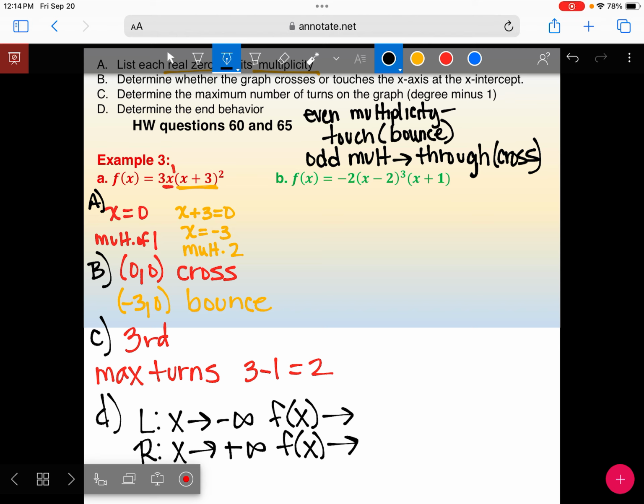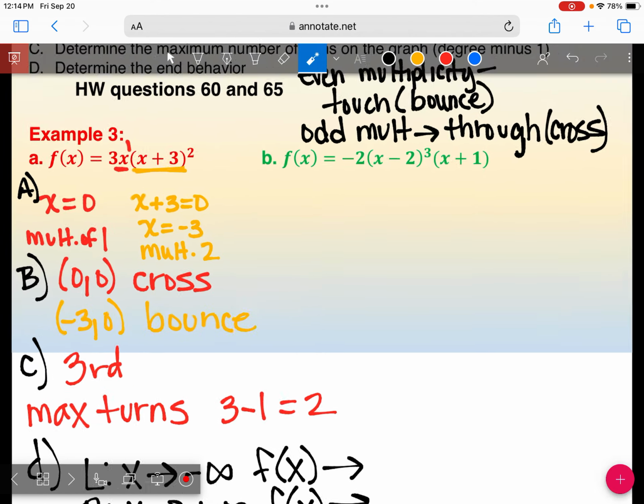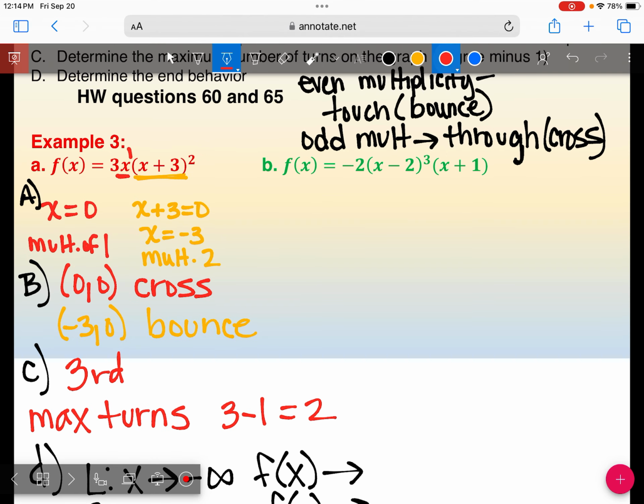We already said it's the third degree. What do we know about third degrees? Do the ends do the same or the opposite? They do the opposite. Now look at this 3 in front. Is that 3 a positive or a negative 3? It's a positive 3. So this is a positive odd function.